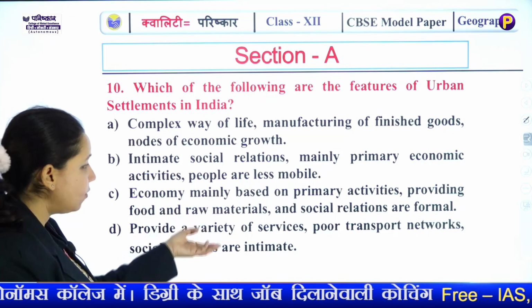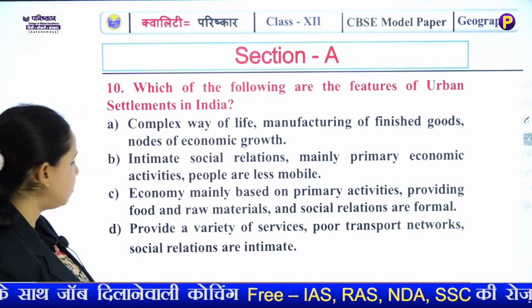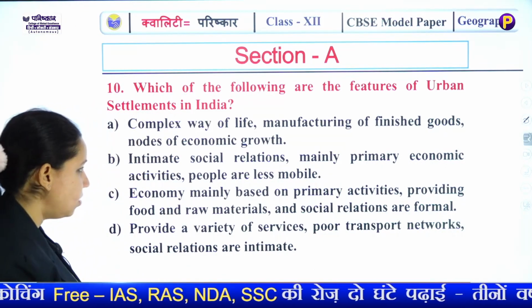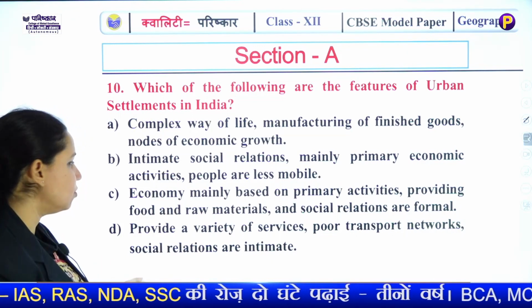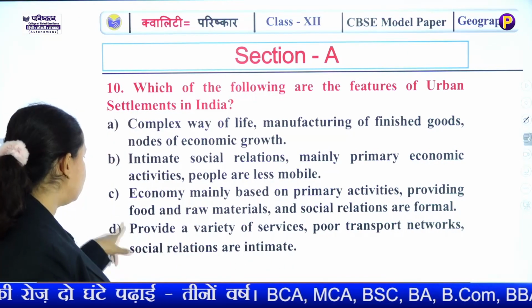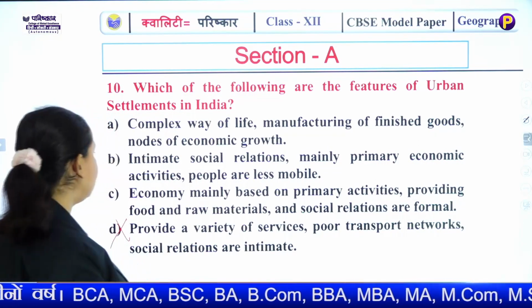It provides a variety of services, starting from D, provides a variety of services, poor transport network, no. Urban cities don't have a poor transport network, and the social relations are casual and formal, they are not intimate. So it is incorrect. Again D is not the correct answer.